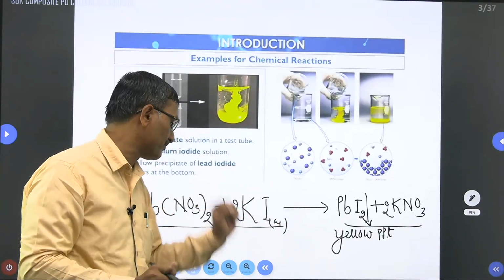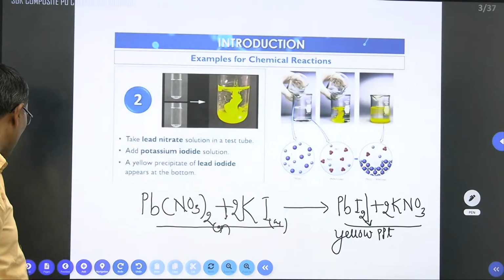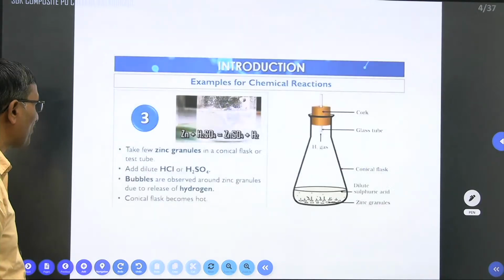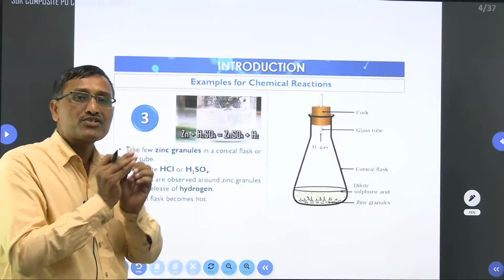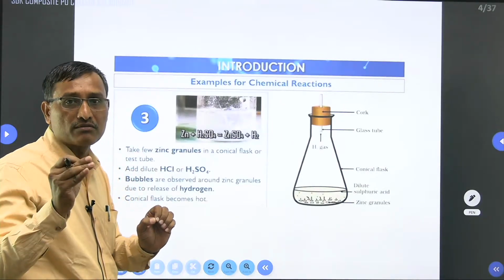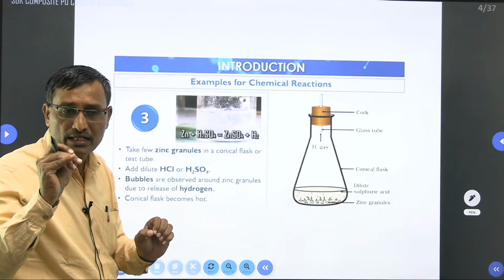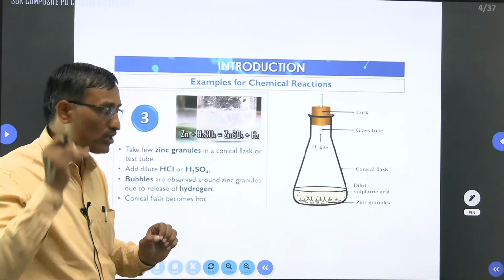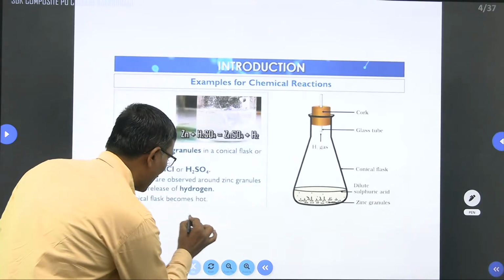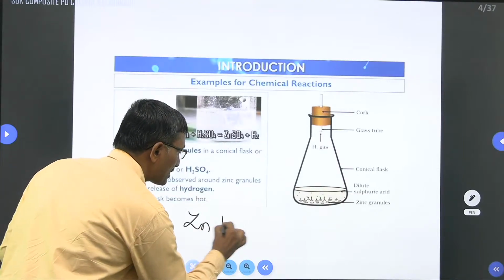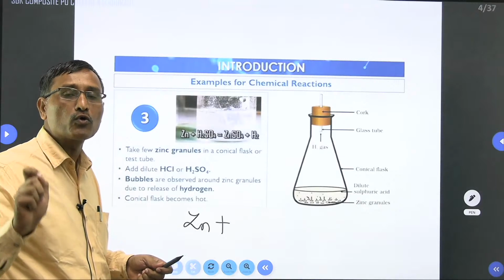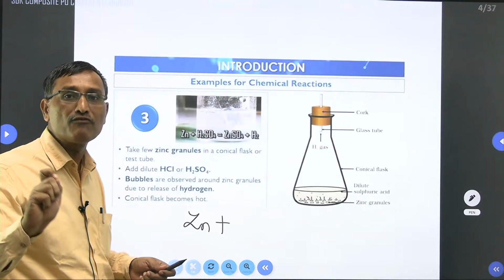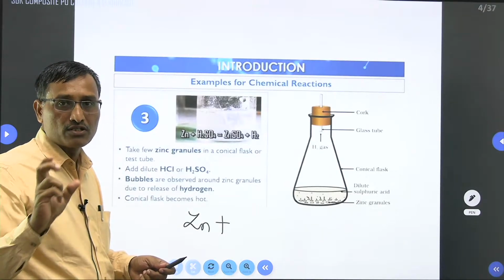It is permanent. Now coming to the next example of a chemical reaction. Let us take zinc granules or a piece of zinc metal. If you add a piece of zinc metal to diluted hydrochloric acid or diluted sulfuric acid, student.